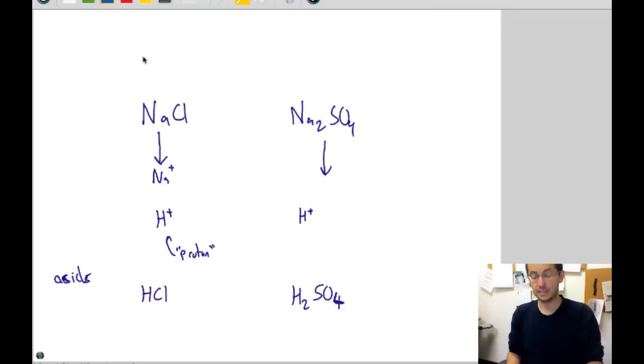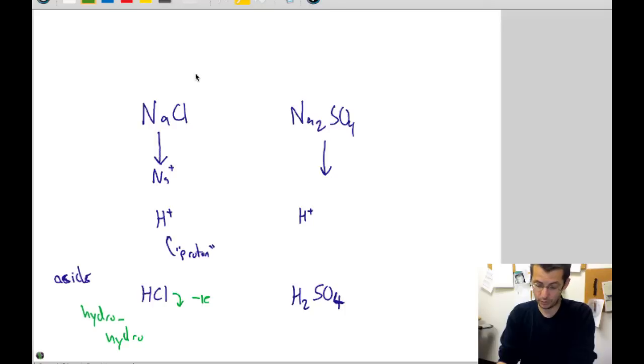That's not how we discuss them. These are acids in solution. These get the hydro prefix and an ic ending, hydro-ic acids. So this would be hydrochloric.